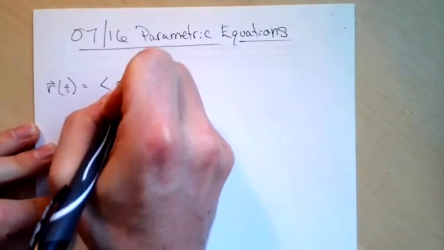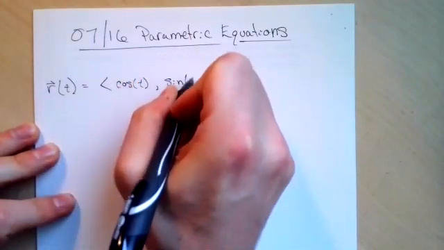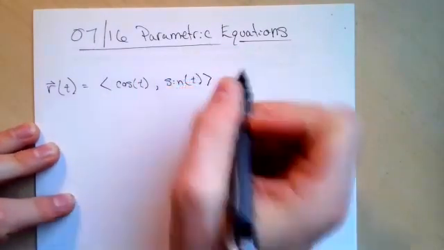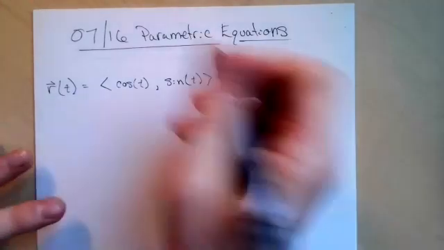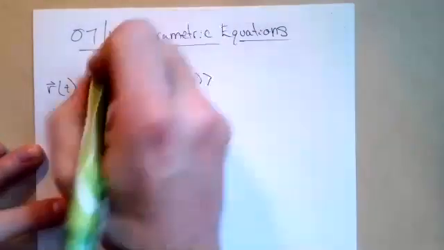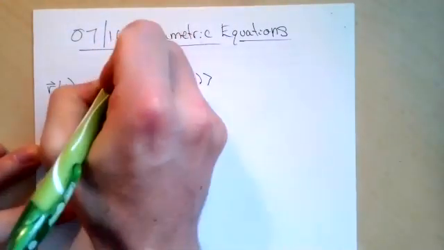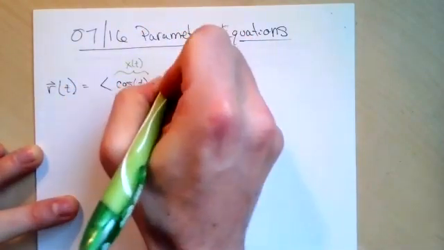as placeholders. So if I write something like this, cosine t, sine t, and put the cosine and sine in some angle brackets, almost like it's coordinates. It really is exactly that. It's kind of like keeping track of the coordinates. So you just want to think of this first coordinate as our x function. So this is x of t, and then this guy is y of t.